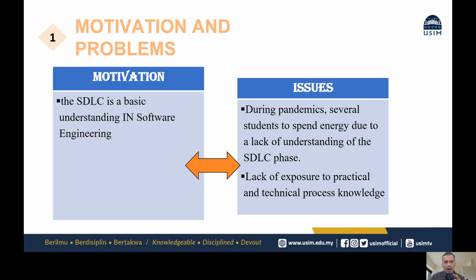The issue I would like to highlight here is that students could find it hard to understand the terms and requirements of the SDLC, because all of the courses were conducted online during the pandemic period, and there was less exposure to the practical and technical process. Therefore, failure to understand the SDLC phases early will lead to failure to construct the system application.